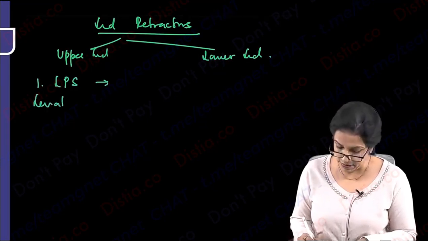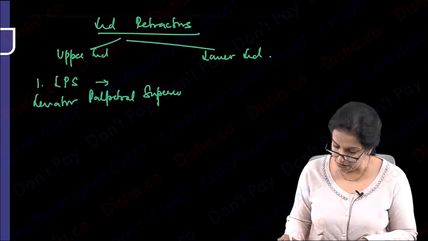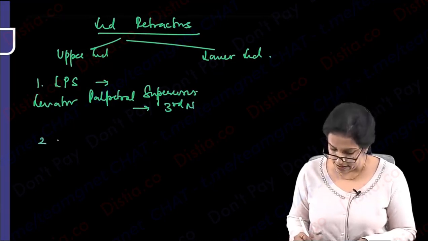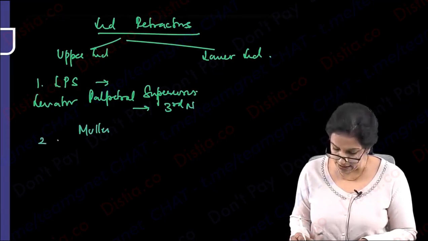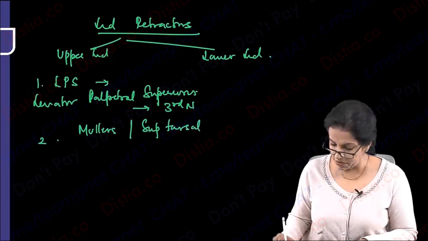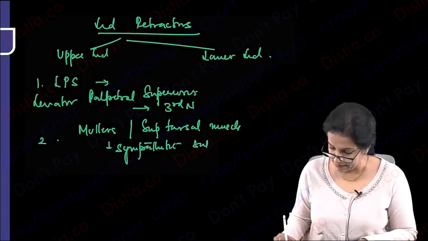This is supplied by the third nerve, as we have discussed in neuro-ophthalmology also. And second is your Muller's muscle. What is the other name of Muller's? It is also called superior tarsal muscle. So Muller's or superior tarsal muscle is supplied by sympathetic supply.